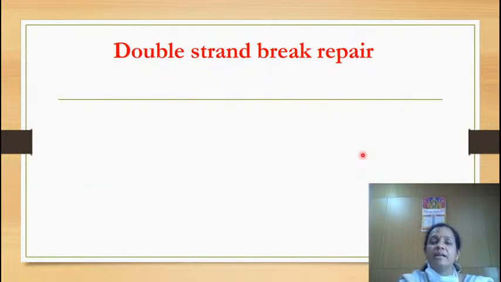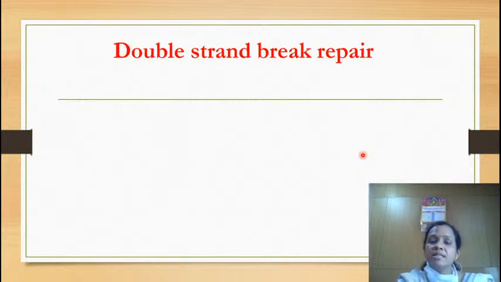Next, double strand break repairs. Now, in all the previous repair mechanisms we have seen, one strand is normal and there is a problem with the other strand. So it takes the strand that is fine as a template and synthesizes the other strand, or you can say it is replicating the other strand.